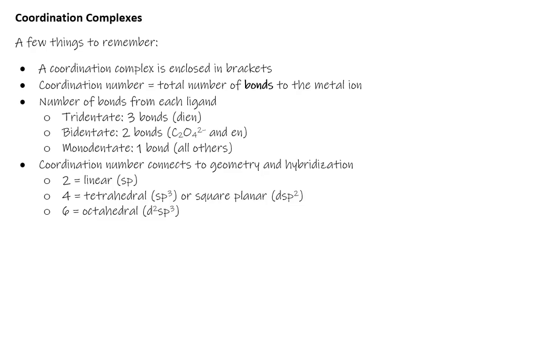One thing that I do want you to know is that if the orbital diagram shows that the metal ion is a d10, in other words, there are 10 electrons in the d subshell, those complexes are typically tetrahedral, whereas those metal ions that have a d8 configuration are often square planar.